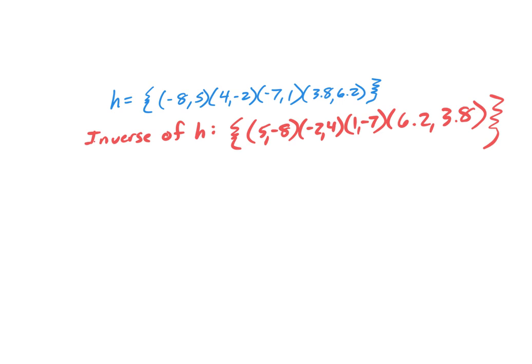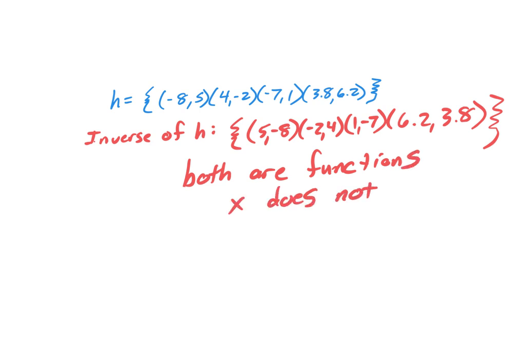If I wanted to determine if the inverse is a function, once again, I look at the x values of the inverse. All of the x values are different. So both of these are functions, because x does not repeat for either.